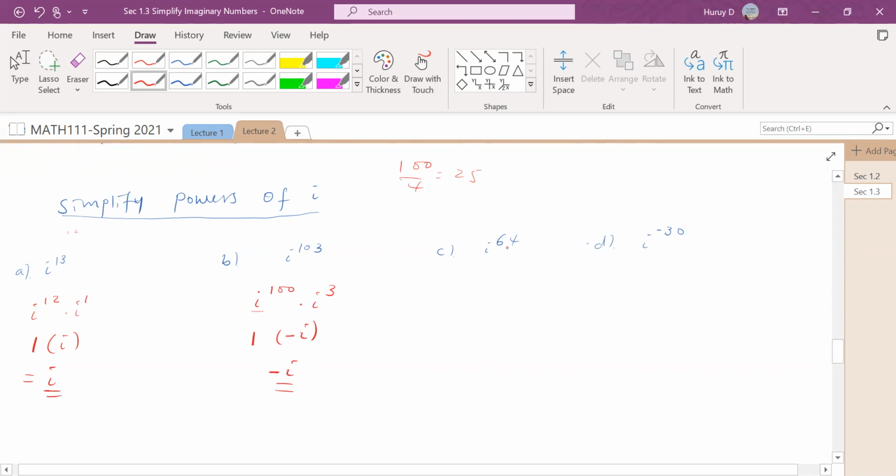And i to the power of 64, well, we know 64 divides 4 without remainder, therefore this is just 1.